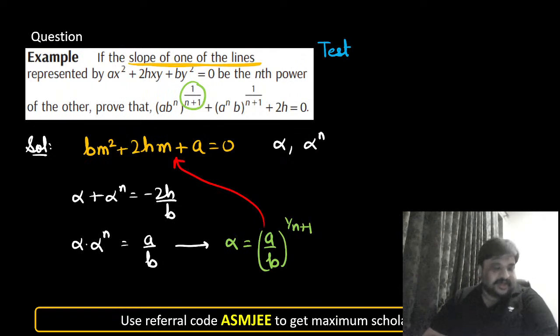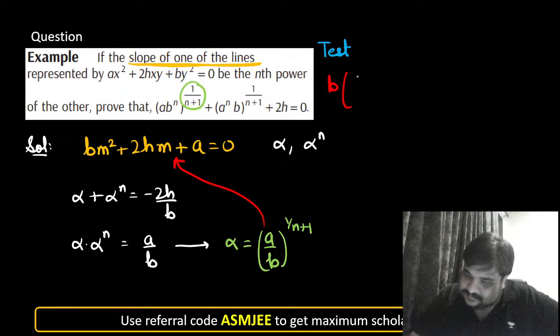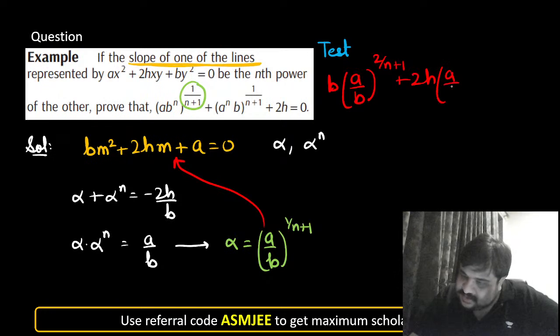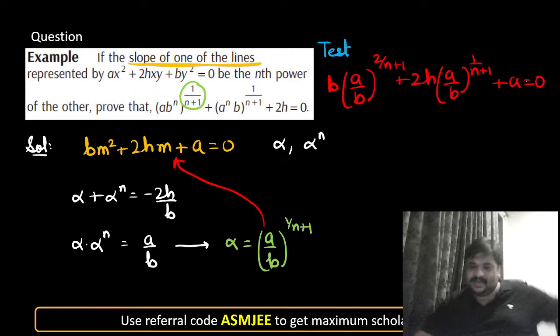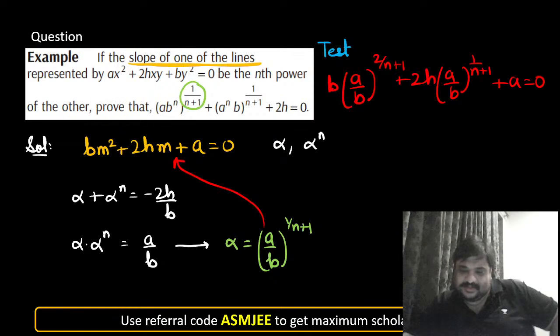Very good, Anant Shukla. So we'll put alpha here. a by b raised to power 2 by n plus 1, plus 2h times a by b raised to power 1 by n plus 1, plus a equal to 0. So we'll have to then simplify and all that, but we will get the answer for sure.